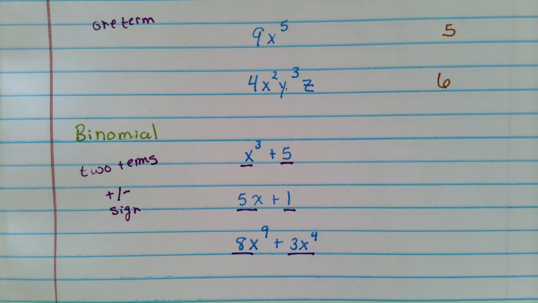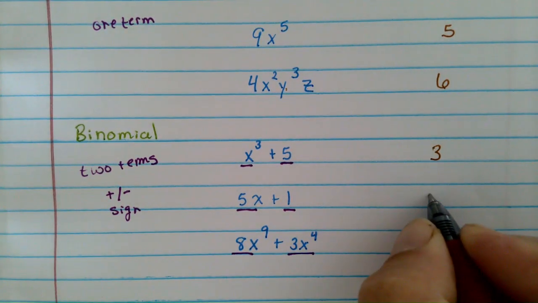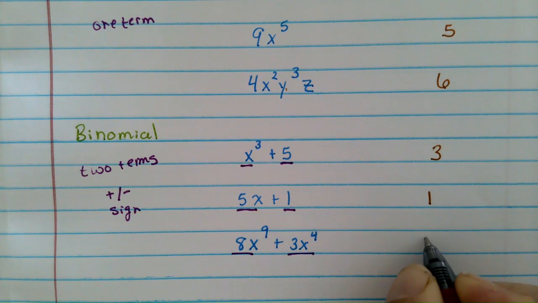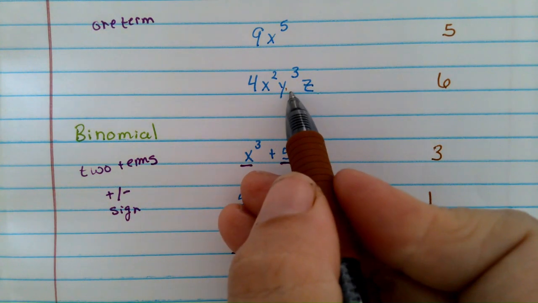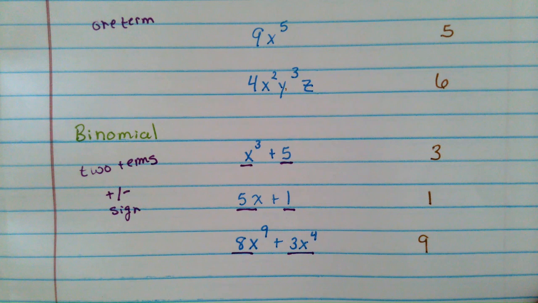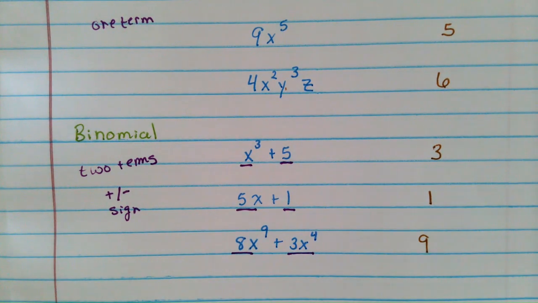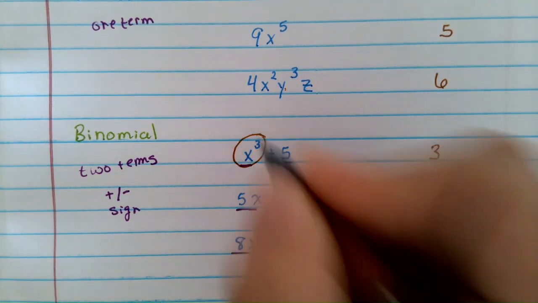Okay, so what's the degree of each of these? Well, the first one has a degree of 3. The second one has a degree of 1, and the last one has a degree of 9. So you might be going, well, wait a second. This had a degree of 6. Why does this only have a degree of 9? Because you go with the degree of the highest monomial. So this monomial has 3.